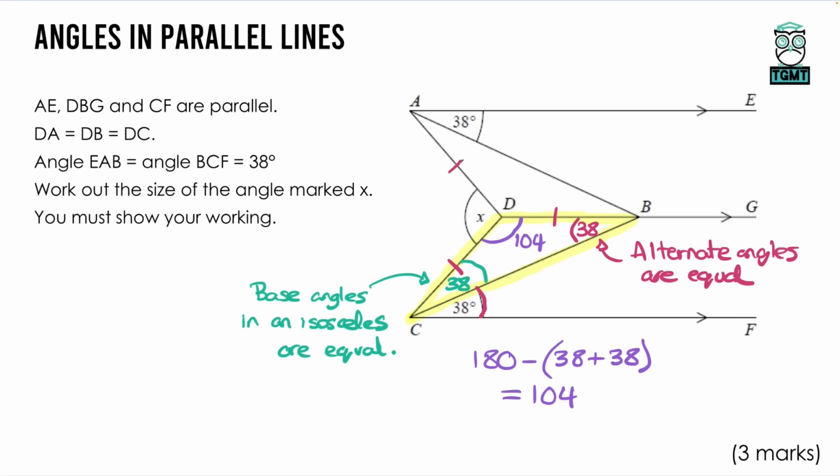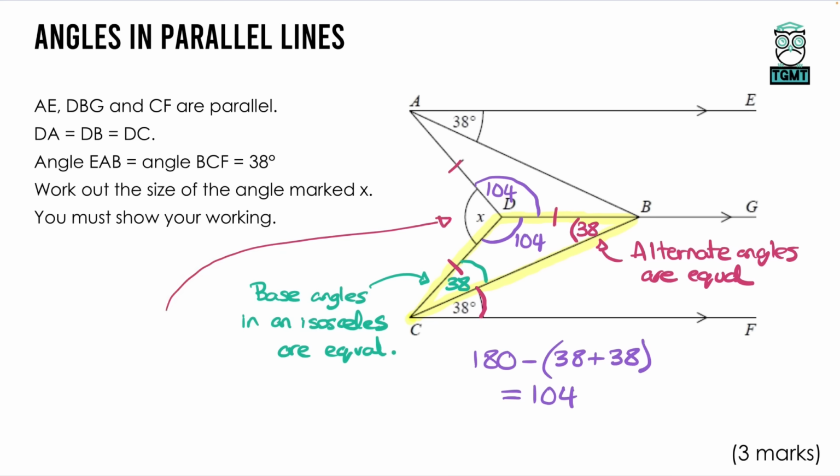Now, it's not always going to be like this, but because that is almost reflected up to the top, in other words, all of the angles above are exactly the same because it's the same diagram, just flipped upside down on top, that means this here is also 104. So to find that angle X, that is the missing angle around a point. Angles around a point add up to 360.